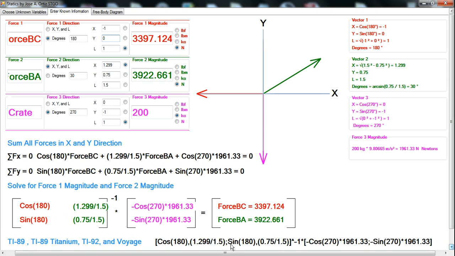So you have sine of 180, comma, 0.75 divided by 1.5. The sine and cosine are required. Then you close your matrix. You're done with your first matrix, and then you raise it to the -1.